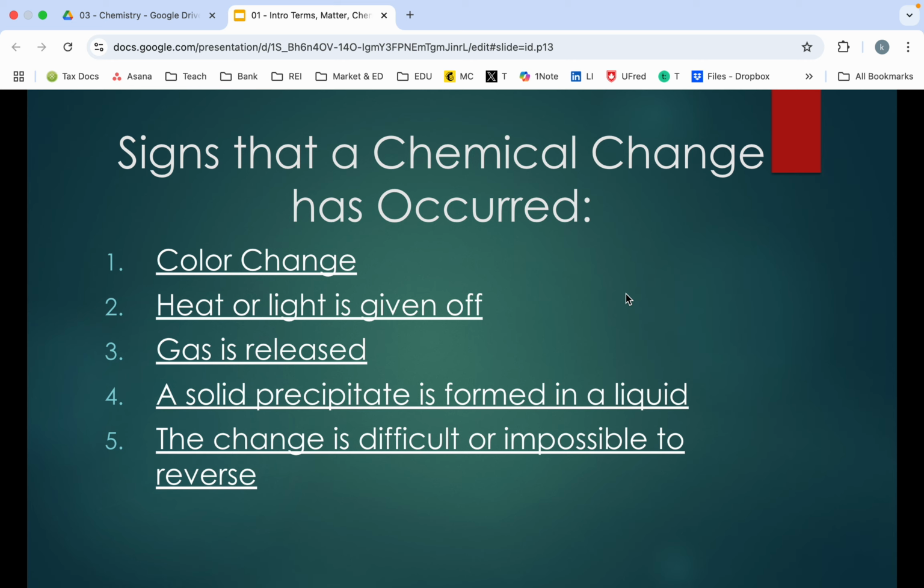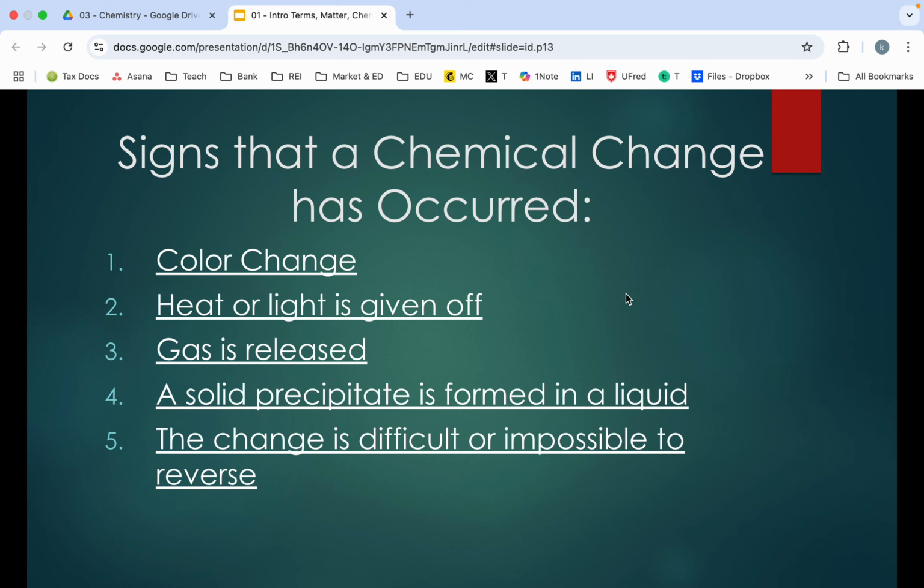Okay, these are not guarantees that you will have a chemical change, but they're a really good indicator that you will have a chemical change. So generally speaking, these indicate chemical change, but not always. Color changes. That can usually mean a chemical change. Heat or light is given off. That's usually a chemical reaction. Gas released is usually a chemical reaction.